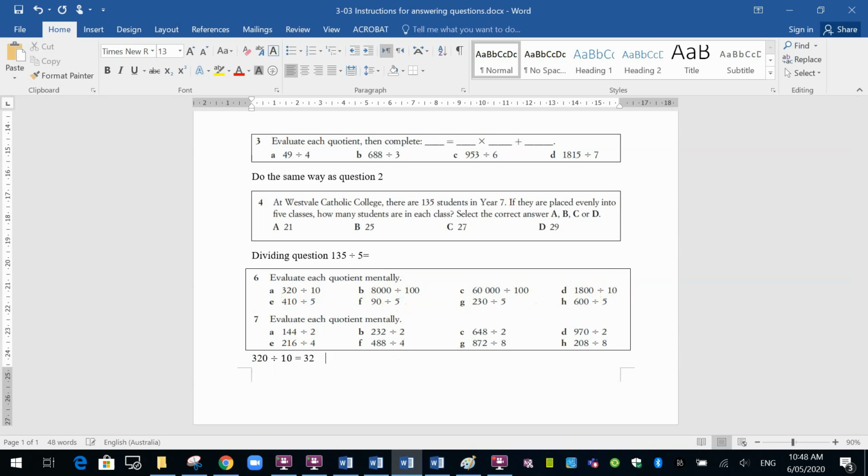What do you do with dividing by 5? What do you do there? Well, you divide. You can take the last 0 off as you did by dividing by 10. But then we're only dividing by 5, so then we multiply by 2 to get the right answer.